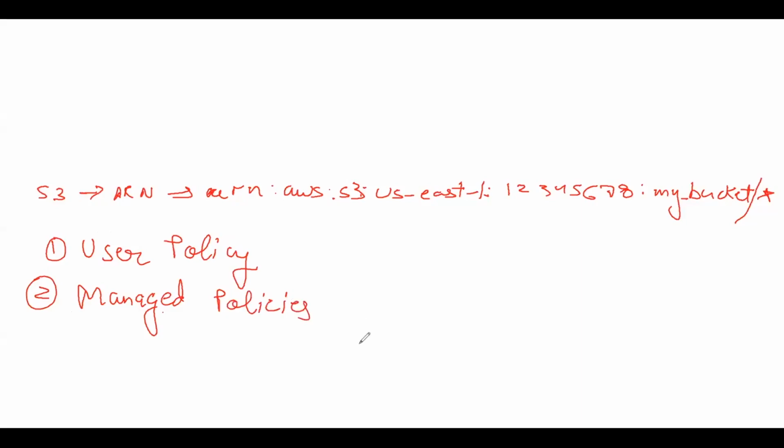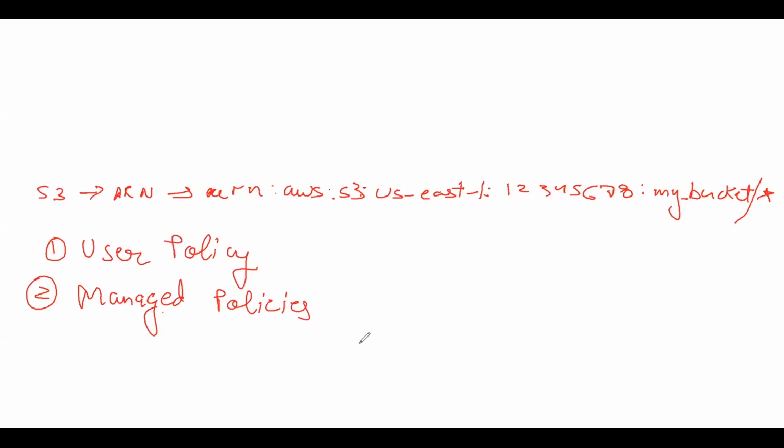In user policies, these policies exist only in the context of the user to which they are attached. In the console, a user policy is entered into the user interface on the IAM user page.